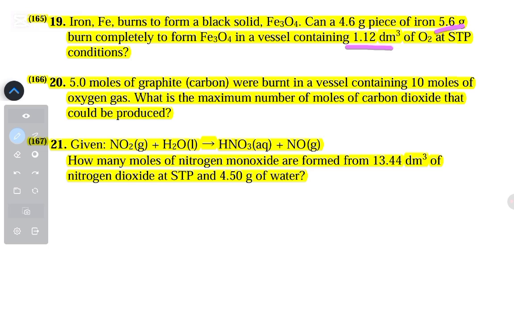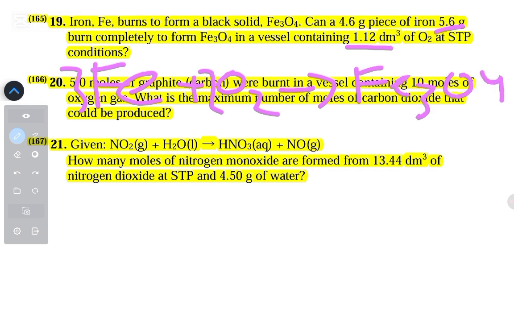First step when you find limiting and excess: make them into moles. So first off, I'm going to write the equation. 3Fe plus 2O2 giving you Fe3O4.